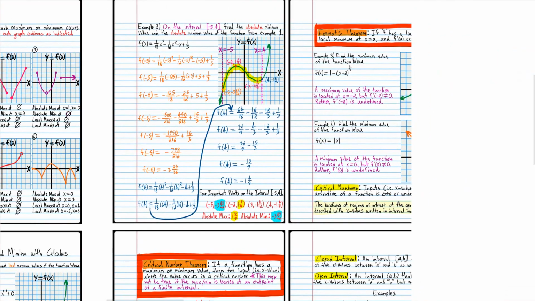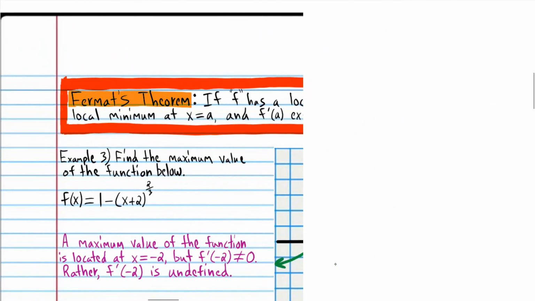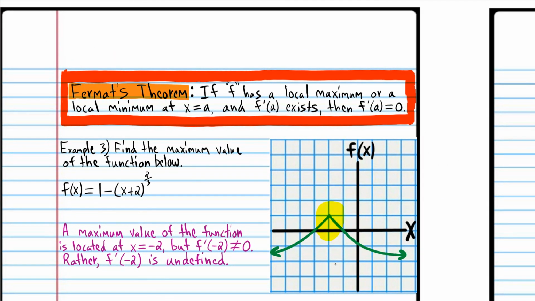Okay, so there's something called Fermat's theorem that tells us if a function has a local maximum or a local minimum at x equals some value, and the derivative at that value exists, then the derivative must be equal to 0.